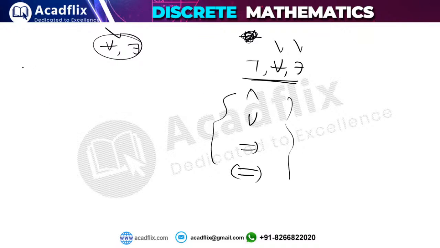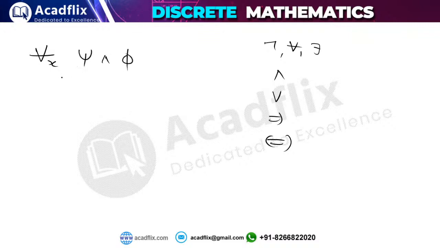So this is the order. Okay, what do I mean by it? Let me take this example: for all x, px and qx. What does it mean? So the order is like this: negation, for all and there exists on the same level, then conjunction, disjunction, implication, bi-implication. Now let me tell you this: for all x, let's assume chi and phi. Let's assume this is our statement. Then how should I interpret it? There are two ways to interpret it.